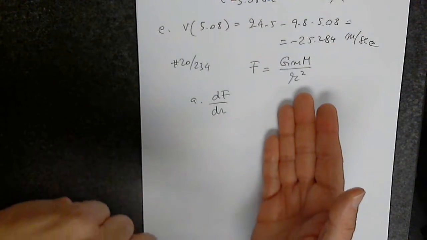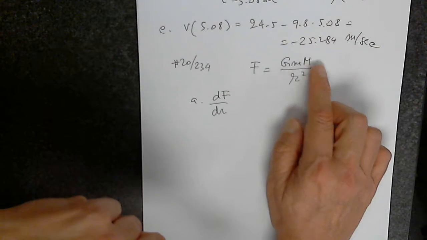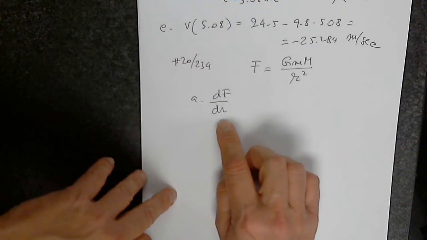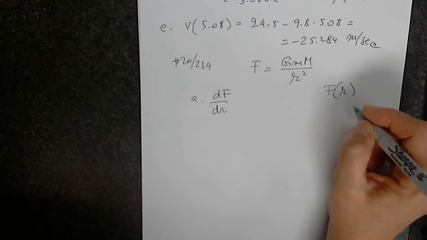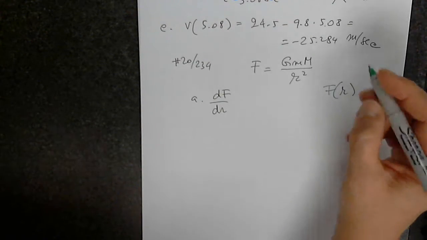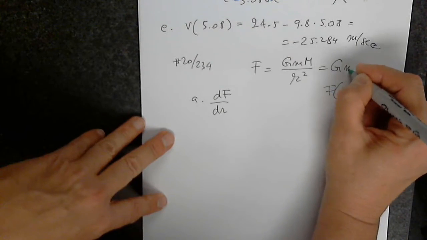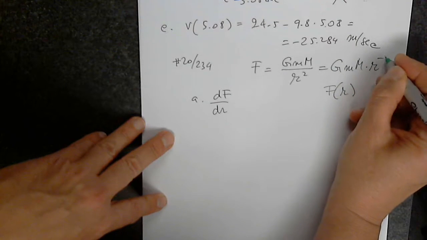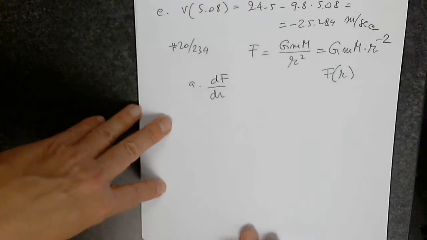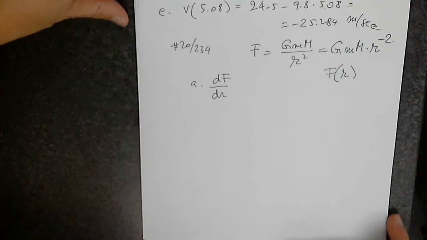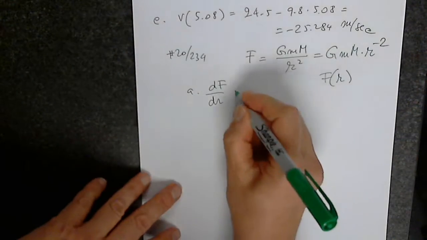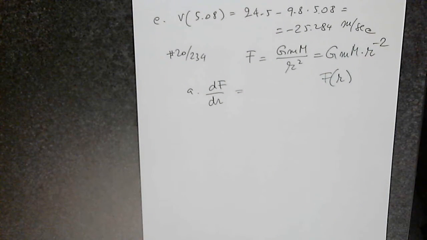Since r is in the denominator and these three are all constants, because this is dF over dr, it means that F is a function of r and nothing else. Okay? So I could rewrite it as GMm times r to the negative 2. It will be easier to differentiate. So now please differentiate and tell me what to write to find dF over dr.